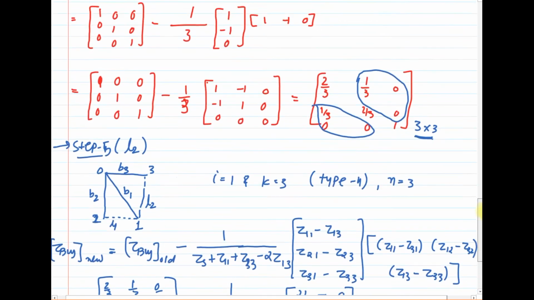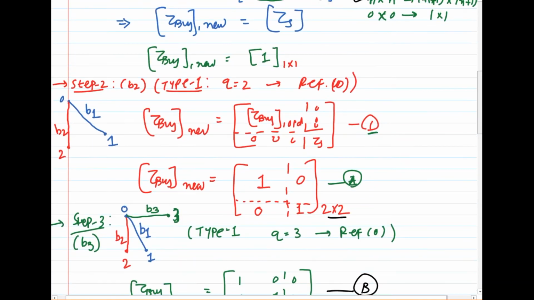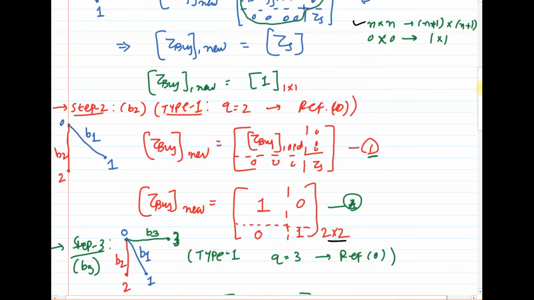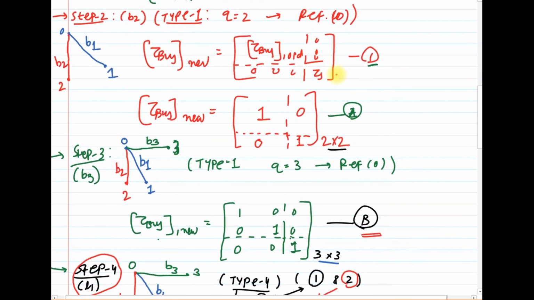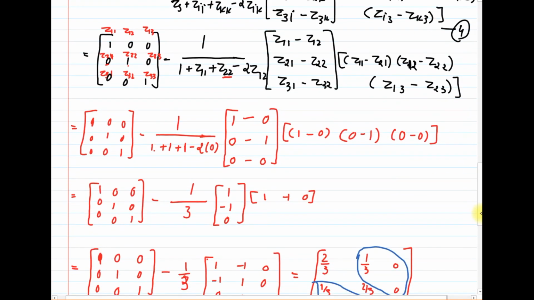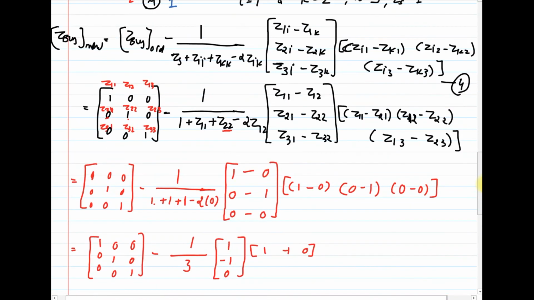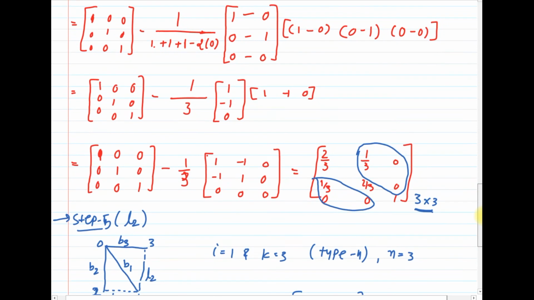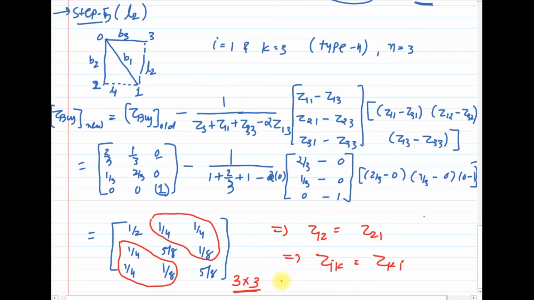One more thing, whenever a tree branch is added into the network, that means type 1, the size of the Z-bus matrix will be updated by 1. And whenever a co-tree link is added into the system, the size of the Z-bus matrix will remain as it is. Okay, so I hope you have cleared up to this.